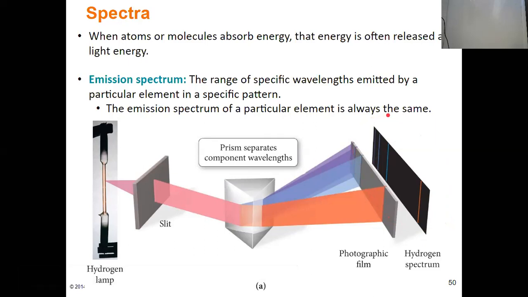So for example, anytime that you have a hydrogen sample and you're shining a hydrogen light through, this is like one of the diffraction slits over here.